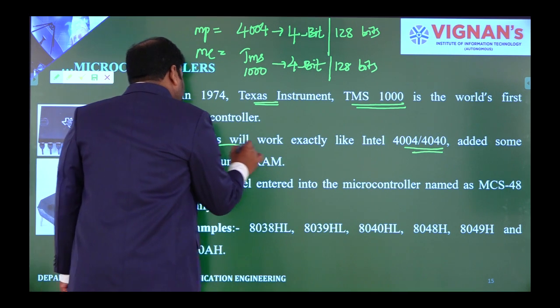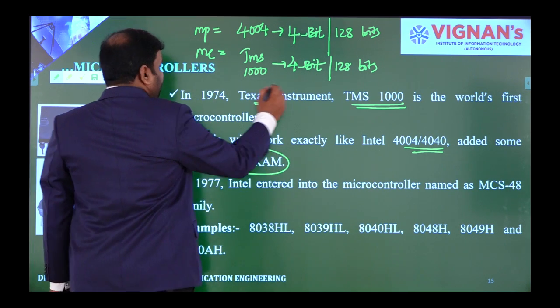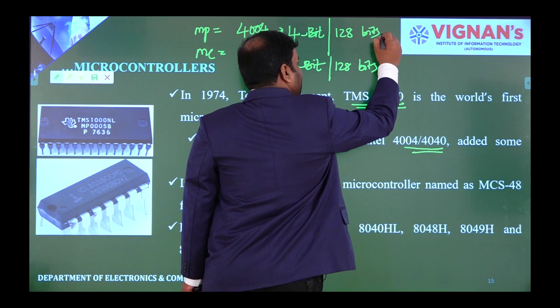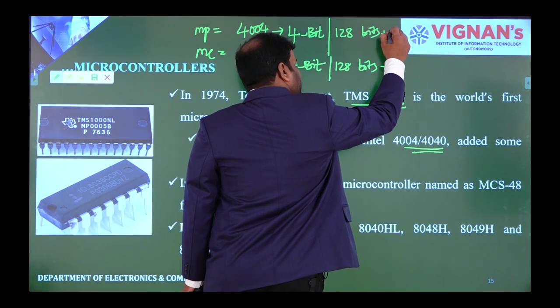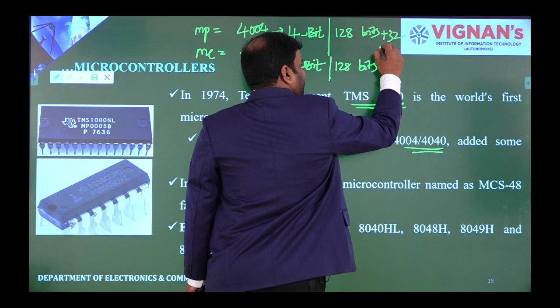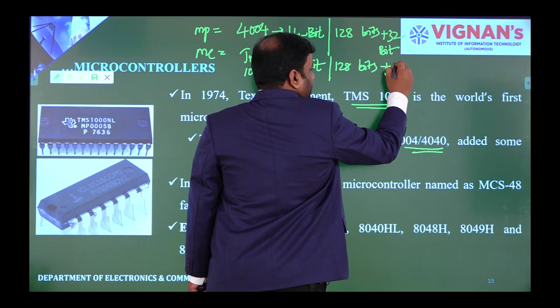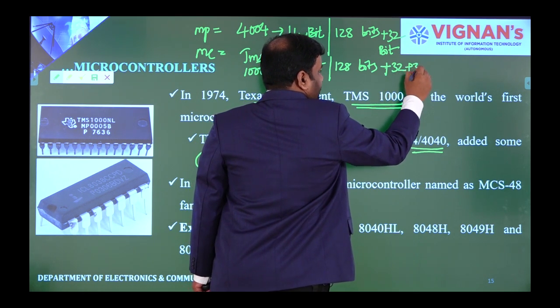Along with that, some amount of RAM is improved. For example, it has a RAM of 32 bits, so along with the 32, they add one more 32-bit RAM.